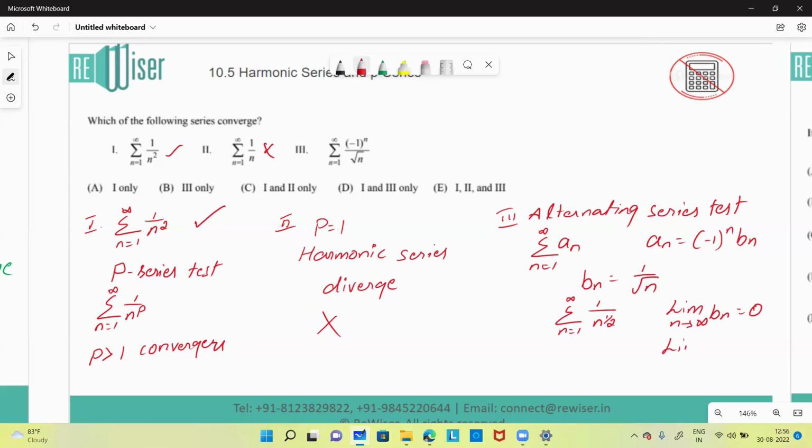Yes, that is 0, because the limit as n tends to infinity of 1 over square root of n is 1 over infinity, which is just 0. So this is true. And also b of n is a decreasing sequence. So that's the reason a of n would also converge. So that's the reason option D is the right answer for this sum.